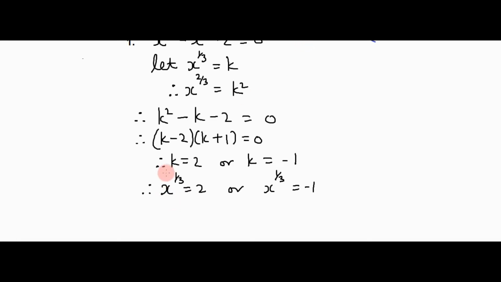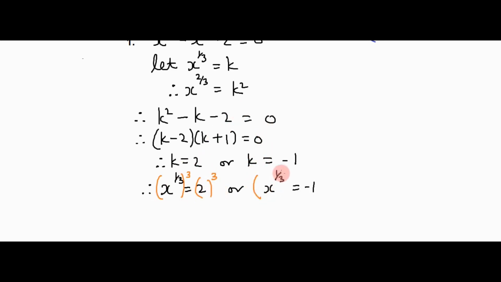And if you recall, we raise both sides of the equation to the power of the inverse of the left-hand side's power. So x to the 1/3, we're going to raise to the power of 3 over 1, or just 3. And we have to do it on both sides.